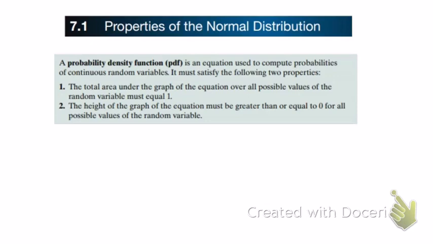So let's start with what this idea of a probability density function is. And in that sheet I just gave you, the outline, it says it's got two characteristics. First is, if you see a graph of it, the area under that graph is 1. Okay, that's going to make things easy.